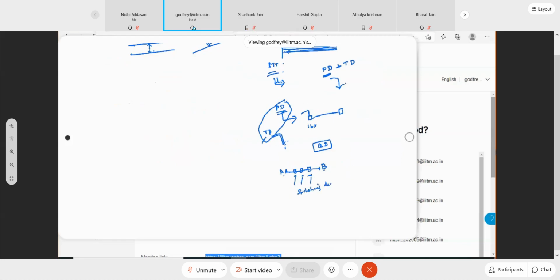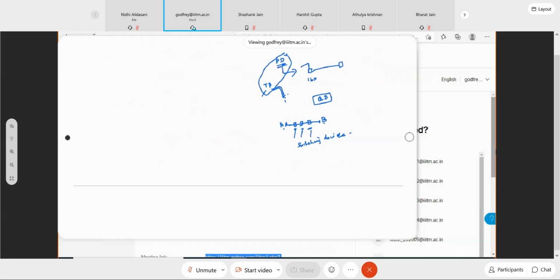What is going to be there on the switching devices? I already told you that switching devices always work in a fashion that the link capacity is their benchmark, right? So they are always going to transmit only data that is less than the link capacity.